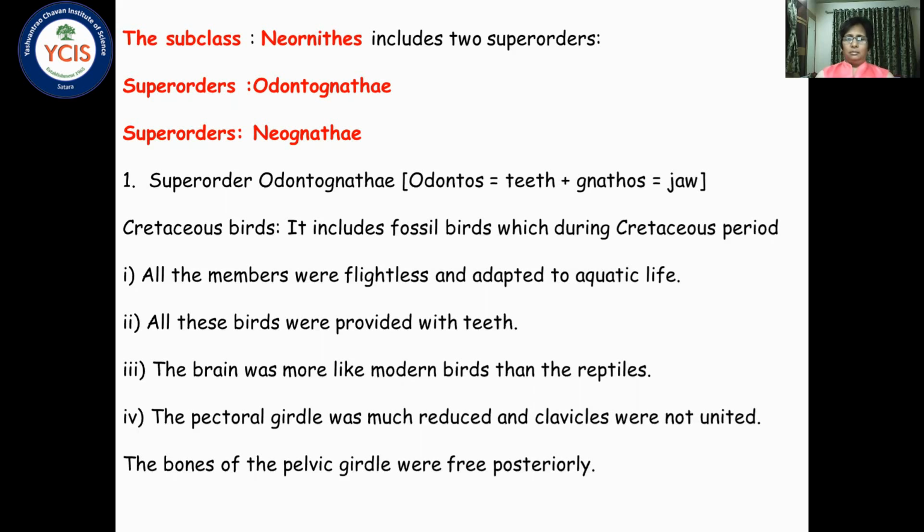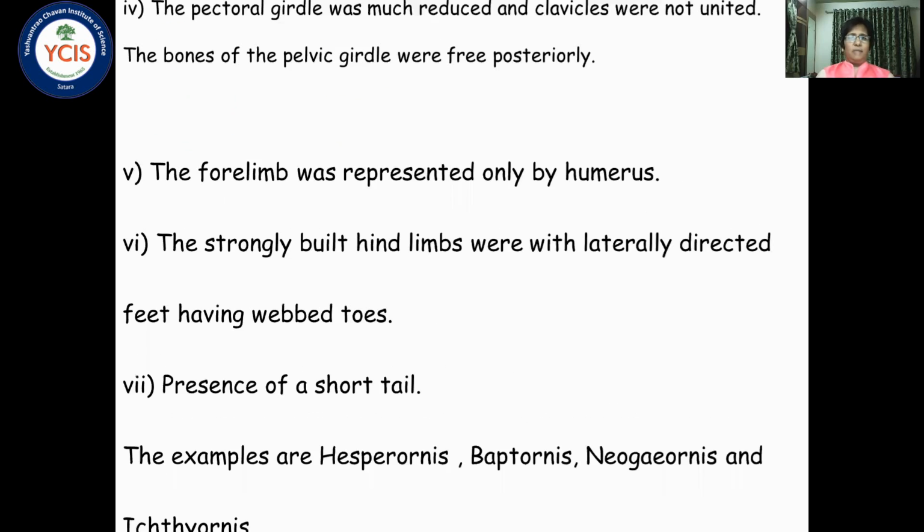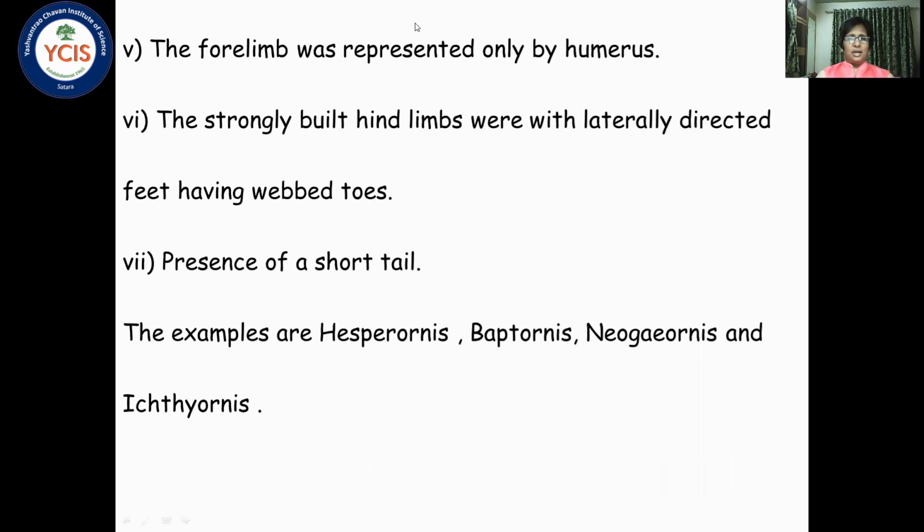The brain was more like that of modern birds than reptiles, and the pectoral girdle was much reduced, and the clavicles were not united, and the bones of the pelvic girdle were free posteriorly.